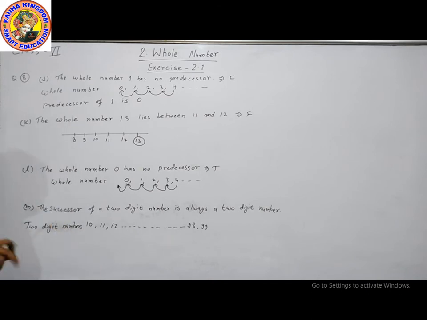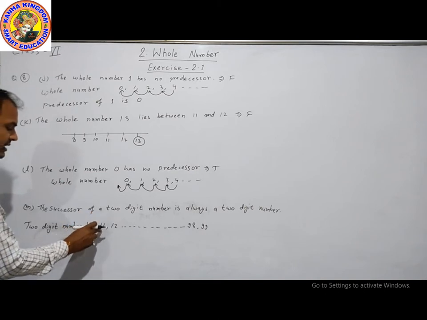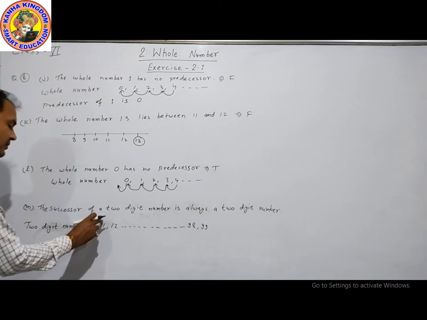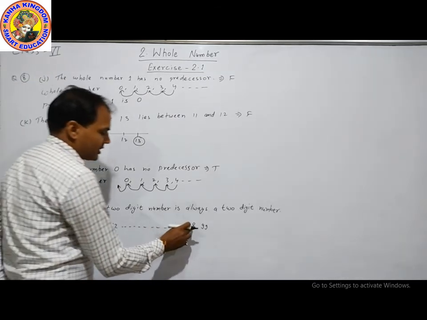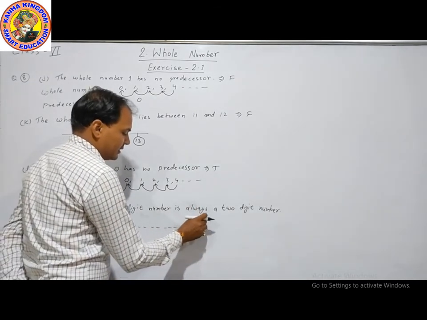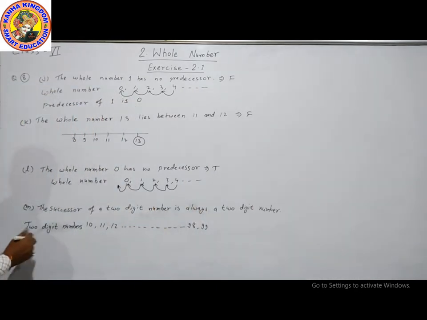What is the successor? Successor is our next digit. Successor of 10 is 11. 11 is two-digit. Successor of 11 is 12. 12 is two-digit. Successor of 98 is 99. 99 is two-digit.